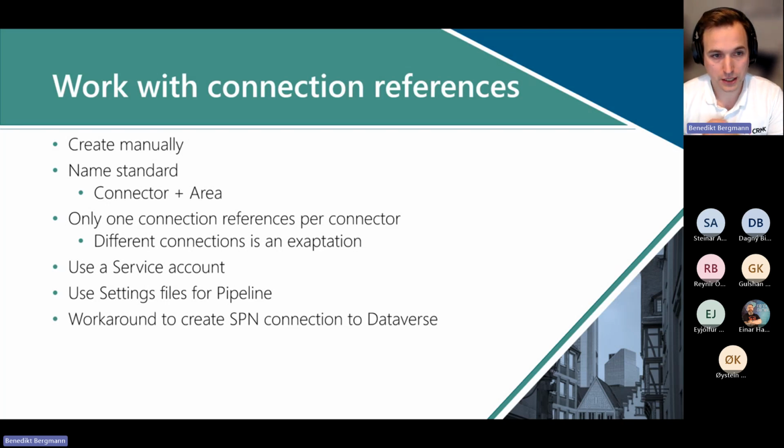In that case, it should be a service account. It should not be a named user like my personal user. It should be a user which we use for this application, which connects to SharePoint or Teams or wherever I need it.